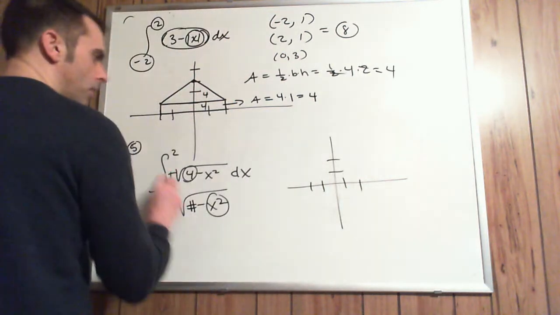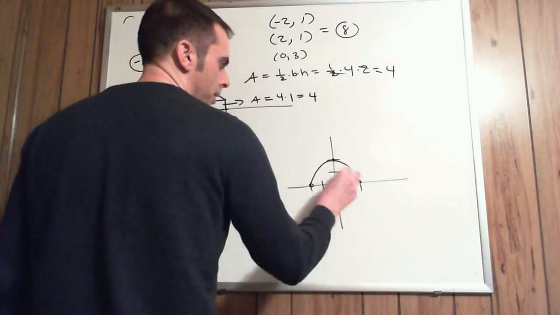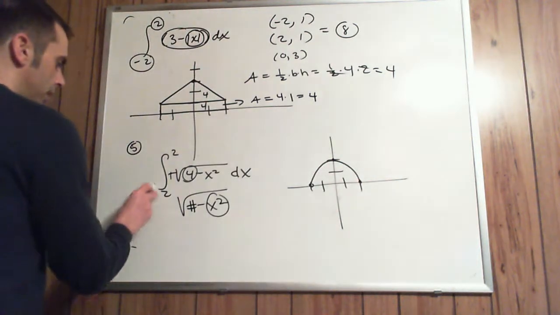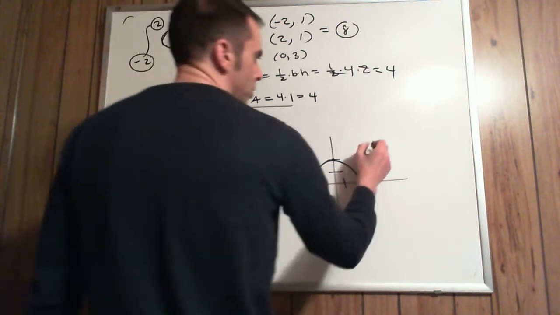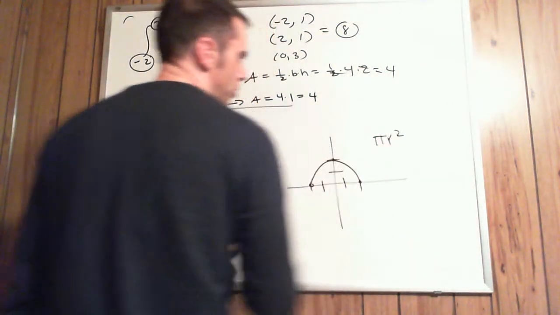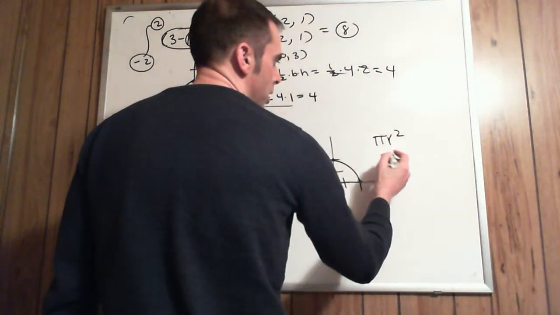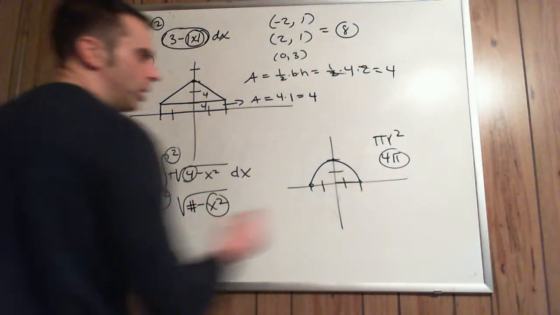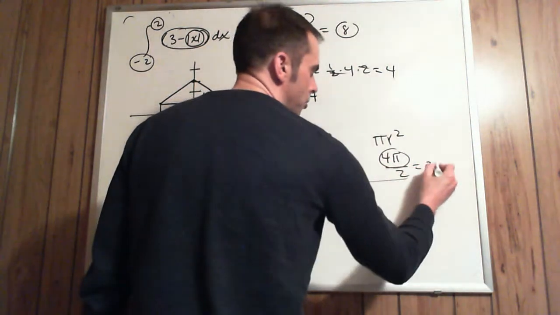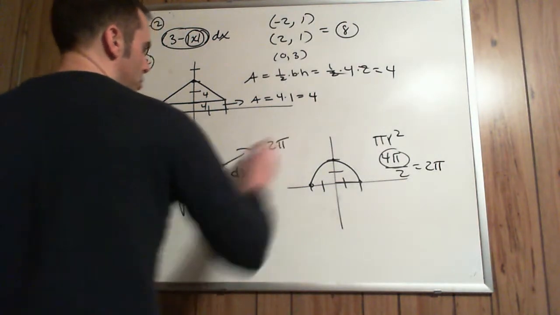It's the positive square root, so it's up above the x-axis. And we are conveniently going from -2 to 2. This is a semicircle, so the area of a circle is pi r squared. The radius is 2 units. 2 squared is 4, so the area would be then 4 pi of the circle, but you only want half of it, divided by 2, so 2 pi. So the value of this definite integral would be equal to 2 pi.